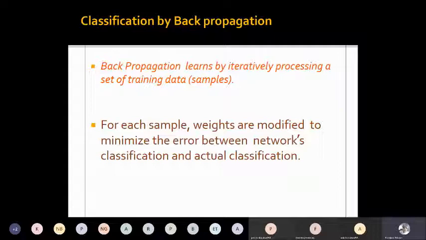That means we will calculate an error function, then partially differentiate it with respect to the weights of the links, and find del w, the change in the weight, and adjust the weight, and keep on doing that. That is the basic principle of the backpropagation algorithm. This backpropagation algorithm is used to train a neural network.